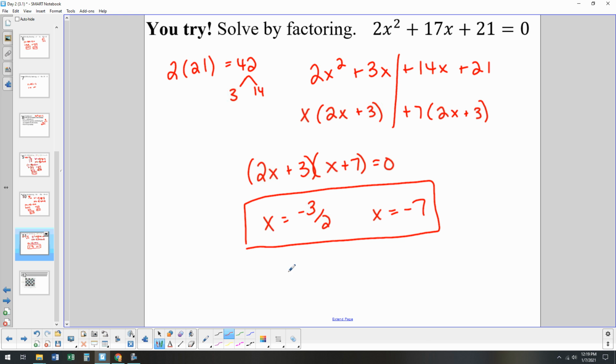We could have written it as negative 1.5 or negative 3/2, and x is negative 7.